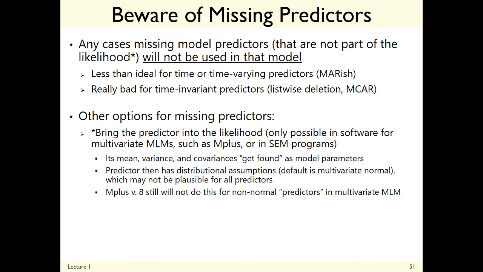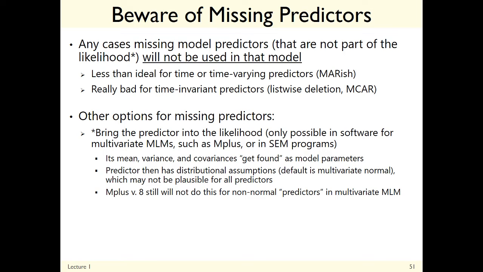Only in certain situations. So the way that you can allow missingness on a predictor is to make the program think it's an outcome. In Mplus, that means listing its mean, its variance, or its covariance as an estimated model parameter. Mplus thinks it's now an outcome, even if it's not predicted.